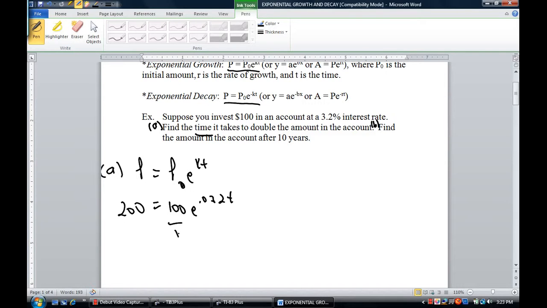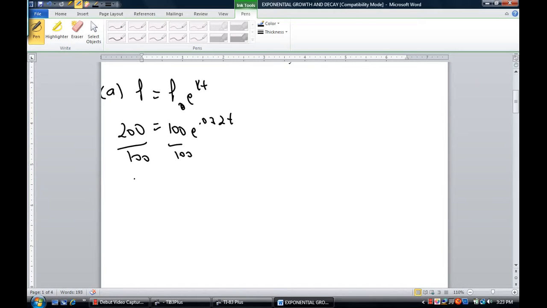So first thing we want to do is divide both sides by 100. And we're going to get 2 equals, these will cancel out, e to the 0.032t. And then, since our t is an exponent, and it's in exponential form, I'm going to take the natural log of both sides.